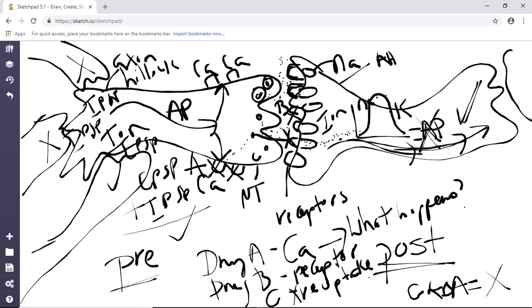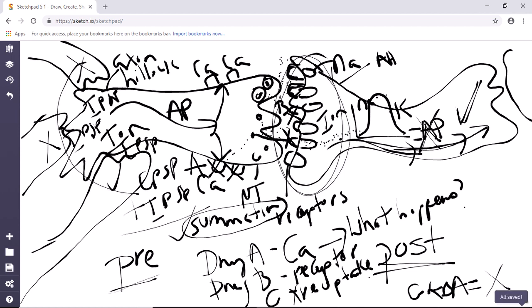This is called summation. Sorry, this drawing is getting really crazy, but you guys are probably used to these shenanigans by now. So it's called summation, right? So we summate what can happen here and what can happen here, right? The signals. So you could have presynaptic control, or I could have drawn a bunch of postsynaptic control, right? It's just basically putting together what happens, right?